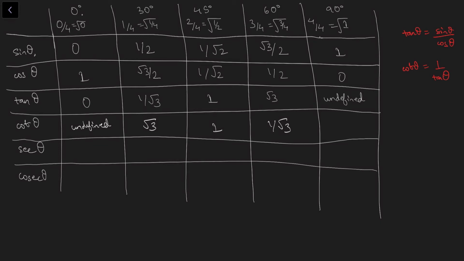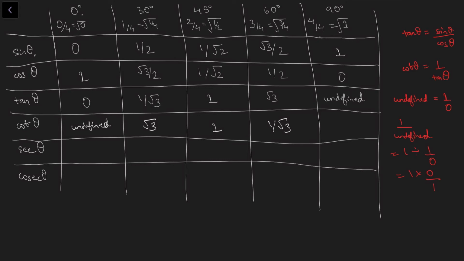So when do we say that something is undefined? We say that when we get 1 by 0. And now if you want to take 1 divided by the undefined value, you're basically saying 1 divided by 1 by 0. And that is 1 into 0 by 1.